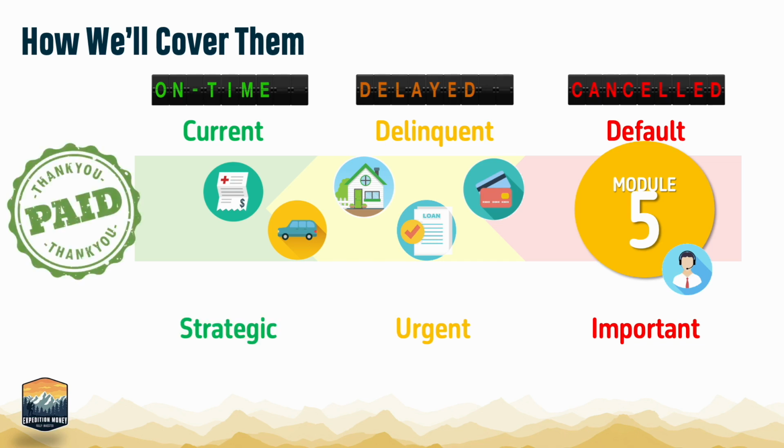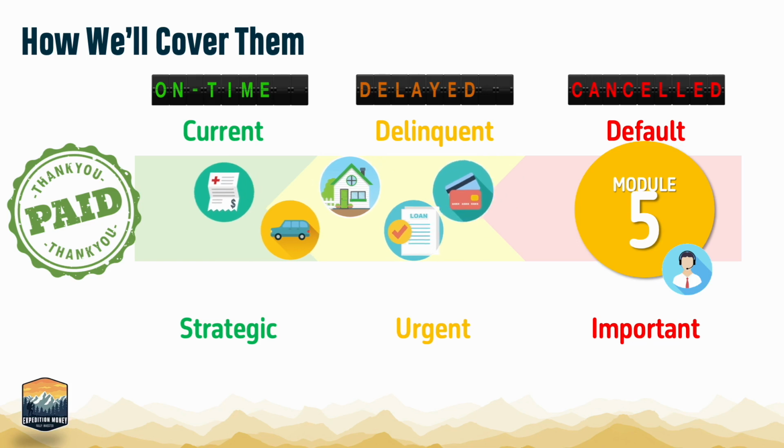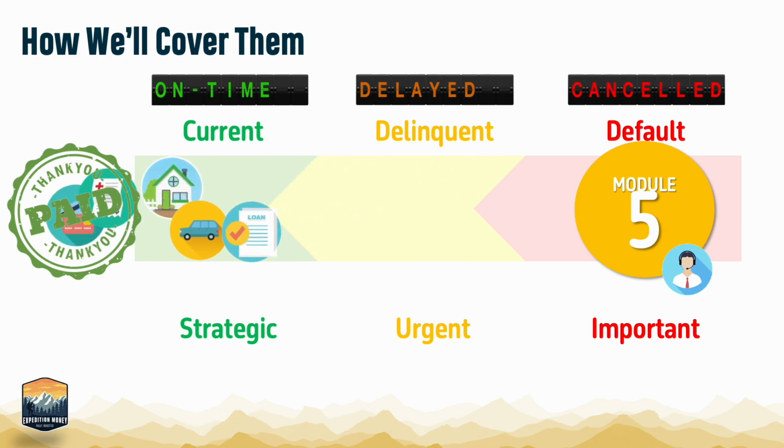By getting out of debt or moving debts from delinquent status to current, you'll have more and more options. Things like using a new loan to consolidate debts or requesting assistance from your lender. And that will allow us to apply more advanced strategies to pay them off even sooner that we'll cover in later sessions. But today is a key step towards getting rid of these debts for good.